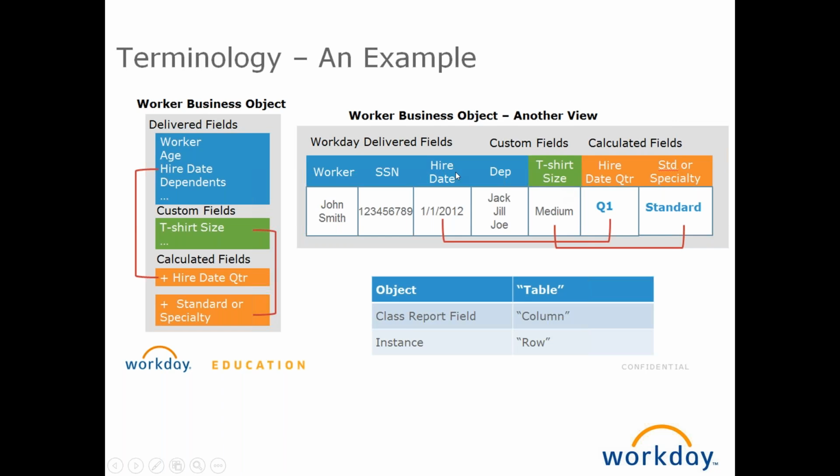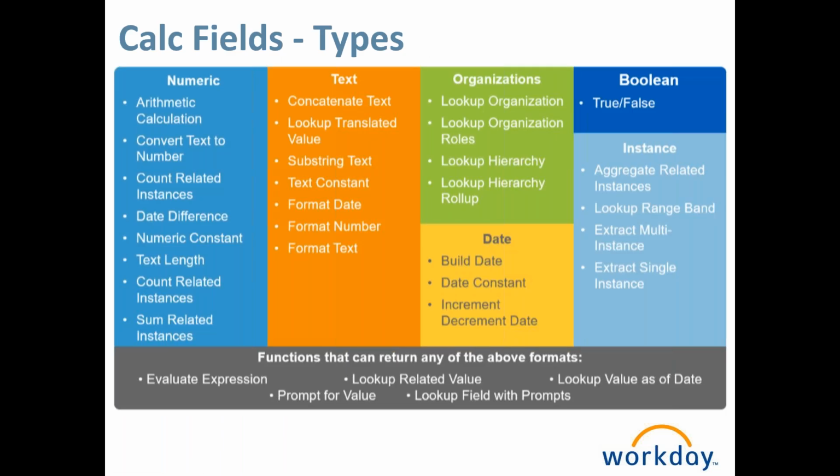All right, here is another view, by the way. Here is the list of calculated field types that you can create, grouped into different categories. One is numeric, which returns number values. Text, obviously text data. Date, which gives you dates. Instances, which gives you single instance, multi-instance, and range band.